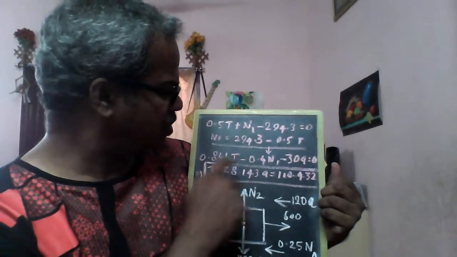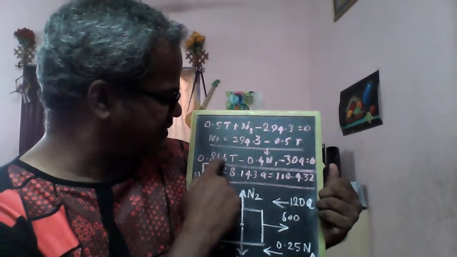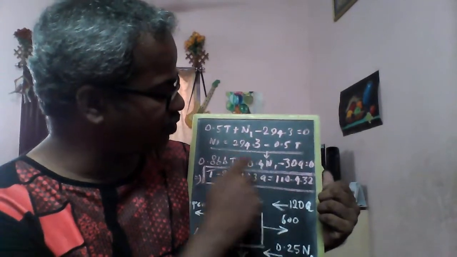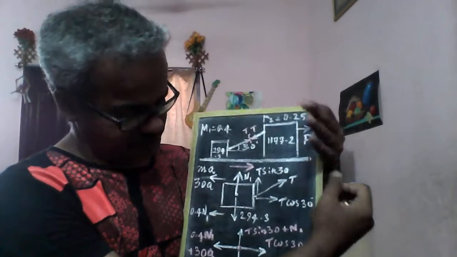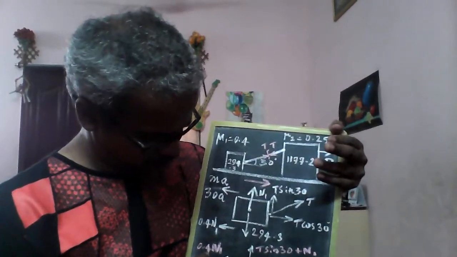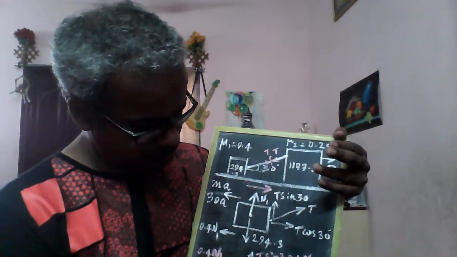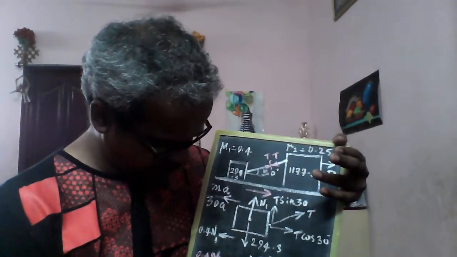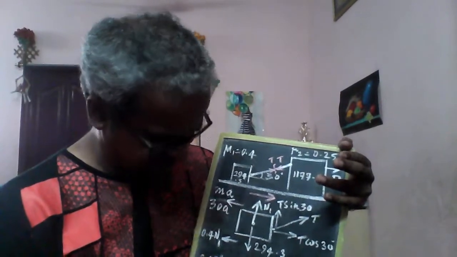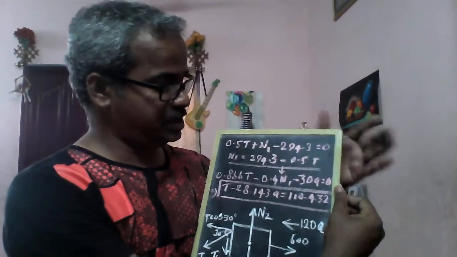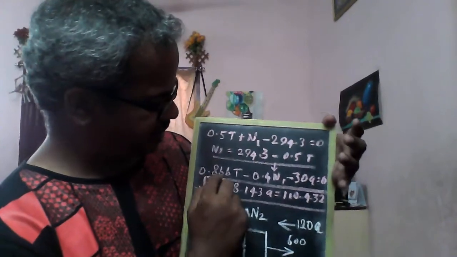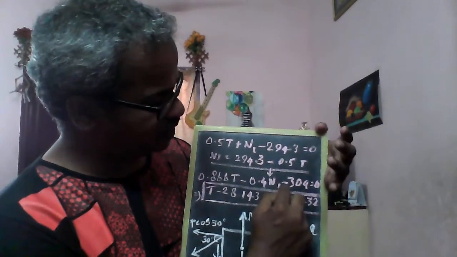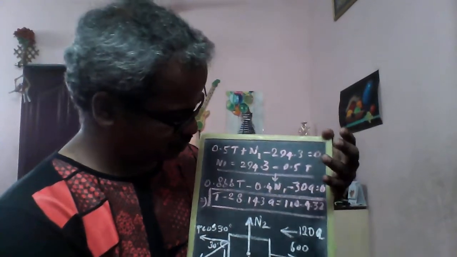Then in the horizontal direction, 0.866 T is positive, and negative is 0.4 N1 and 30A. So 0.866 T minus 0.4 N1 minus 30A is equal to 0.